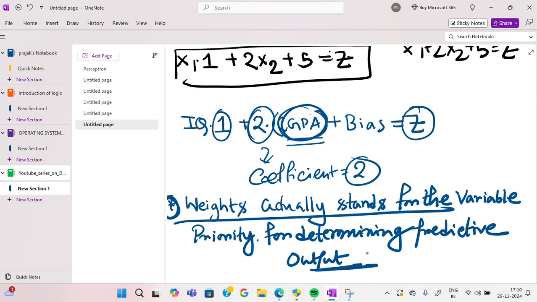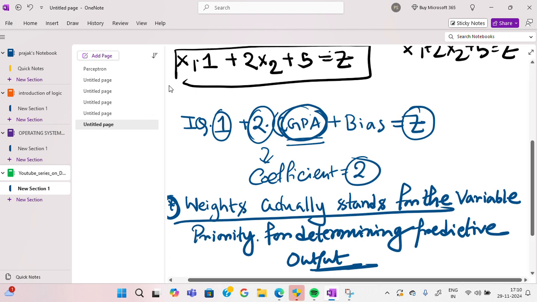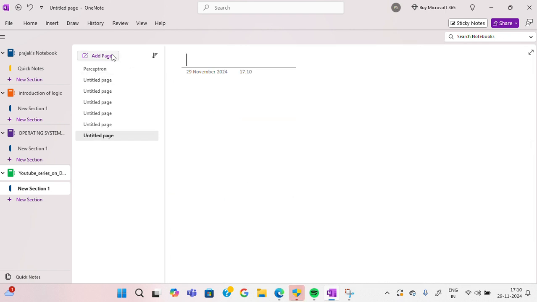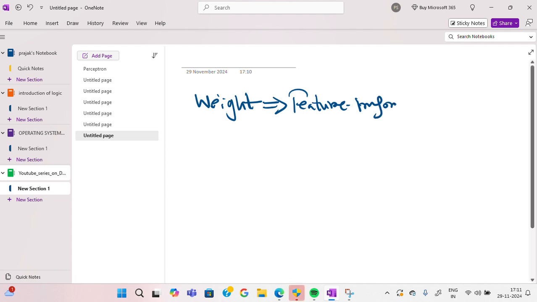So this is the case actually. One more thing, it's very important. Weights determine feature importance. So this is the case.